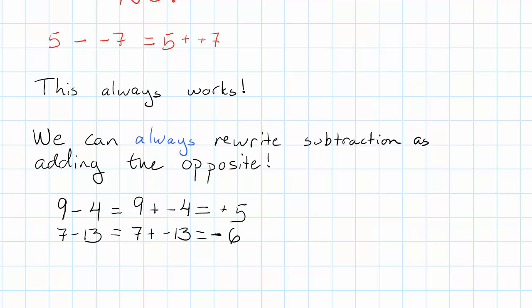Positive minus a negative. That's 6 plus the opposite of negative 4. Well, these are just positive numbers, right? Same sign. The answer matches both. It's positive. 6 plus 4 is 10.